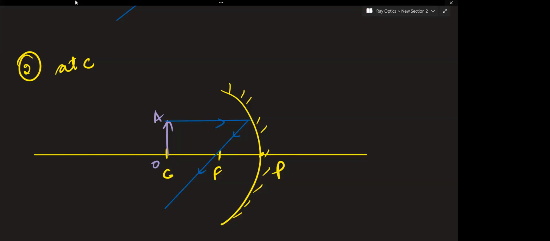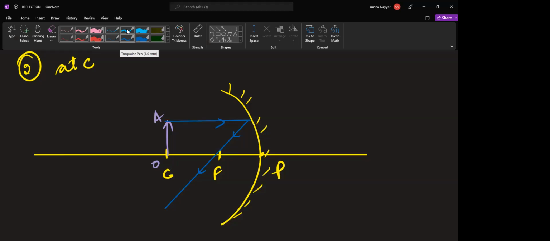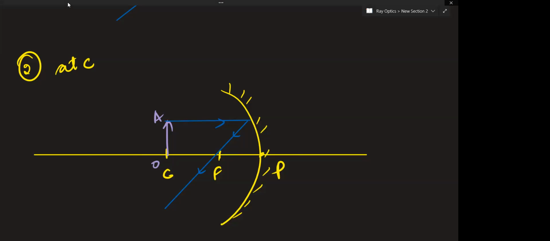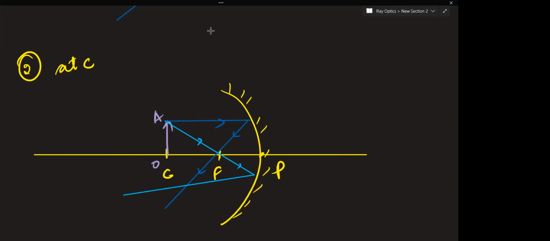Rays will pass through the focus. Now, the second ray that passes through the focus, what happened? What did we study? If any ray passes through the focus, it becomes parallel. So this will become parallel.